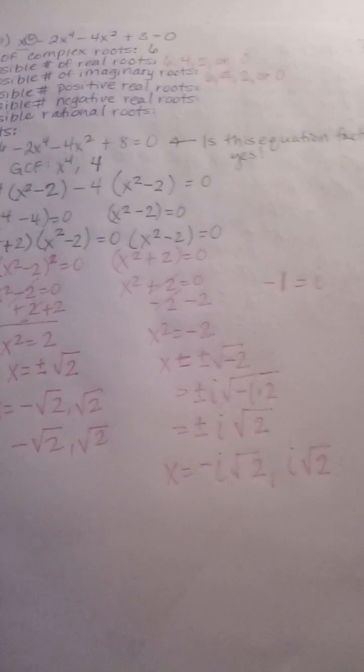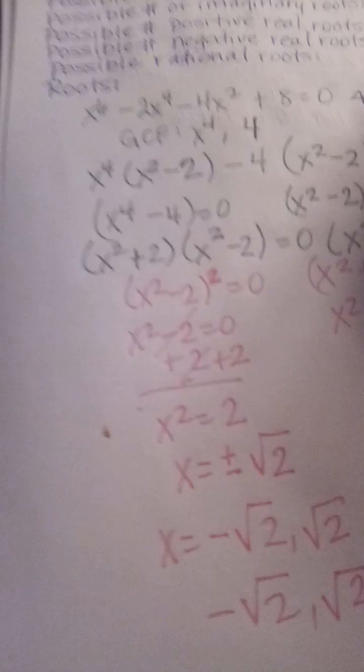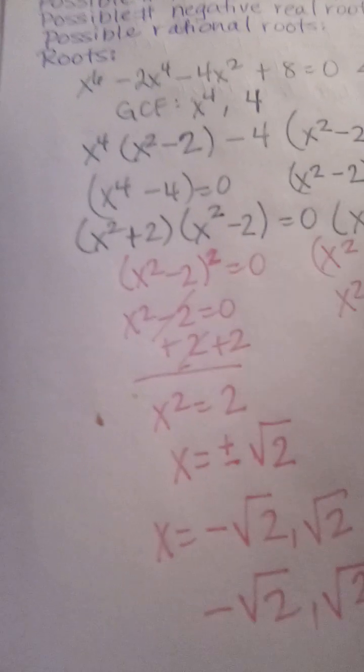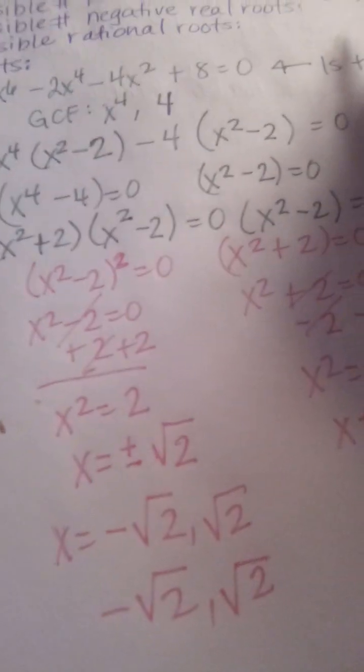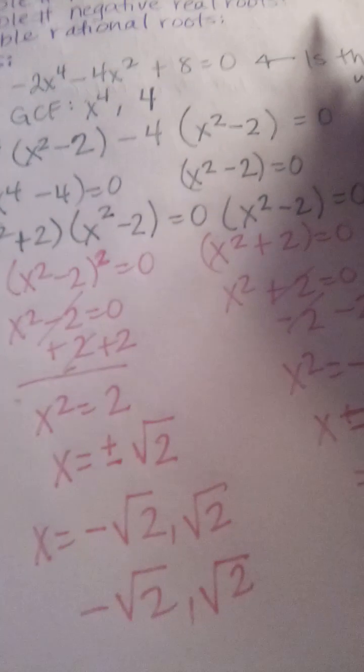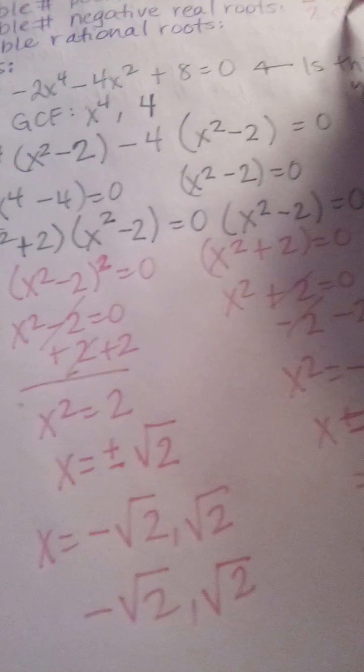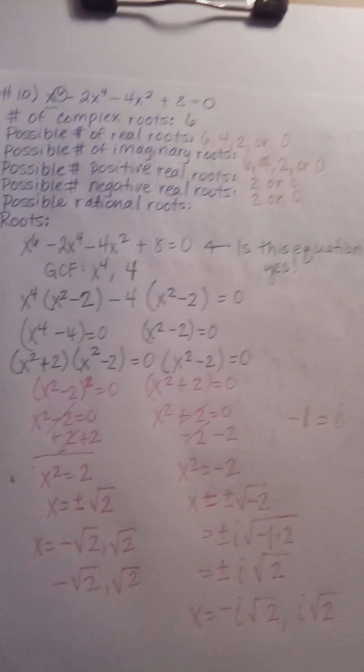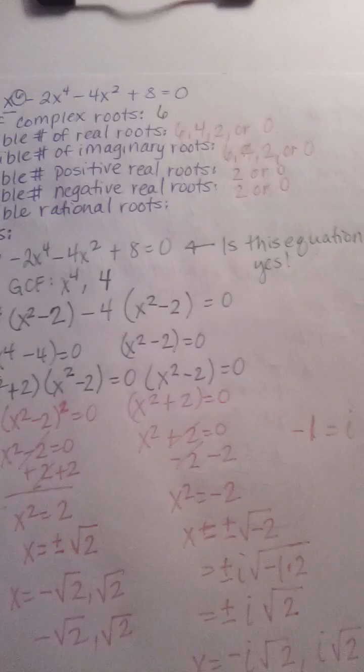Let's look here. 2 or 0. Same thing. All right. So far, so good. Let me zoom in. And then what are the rational roots?